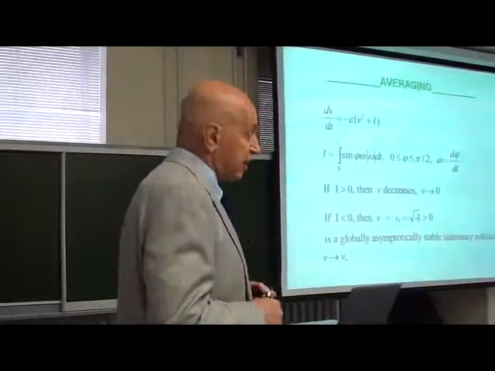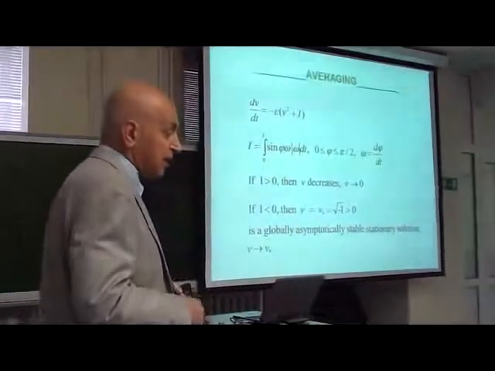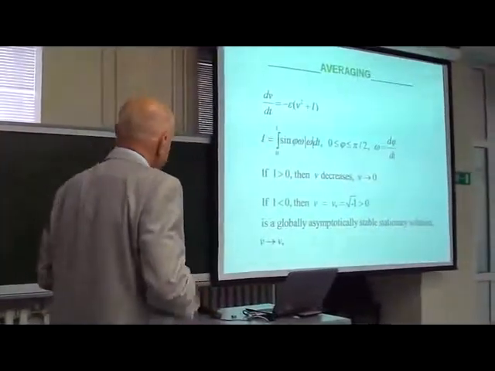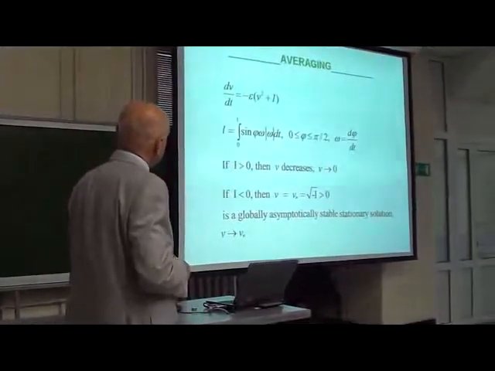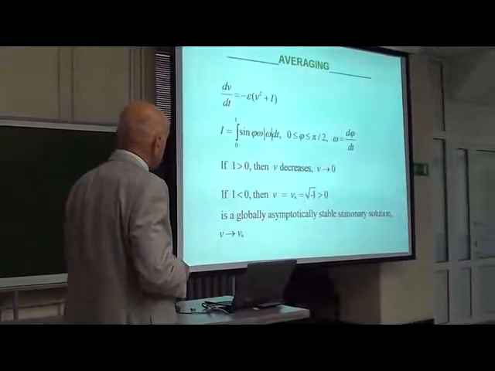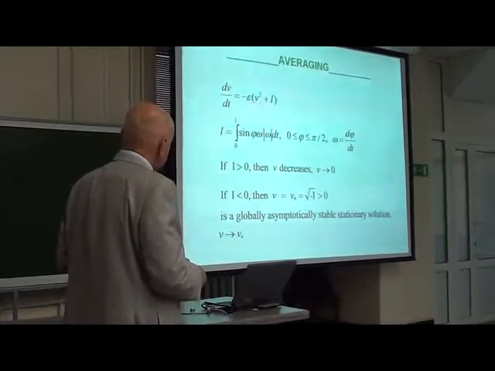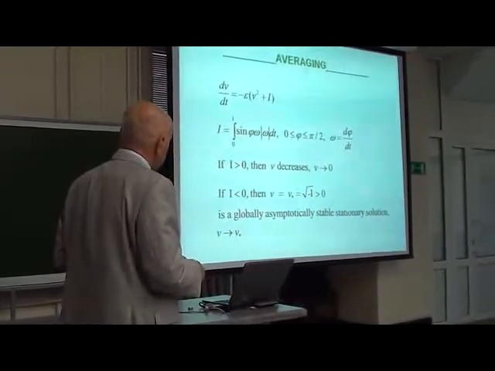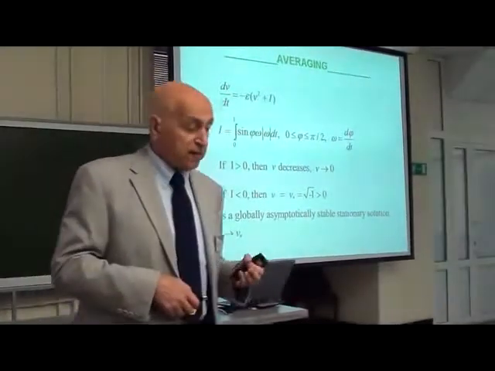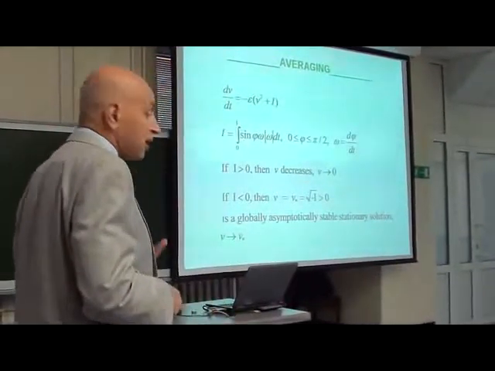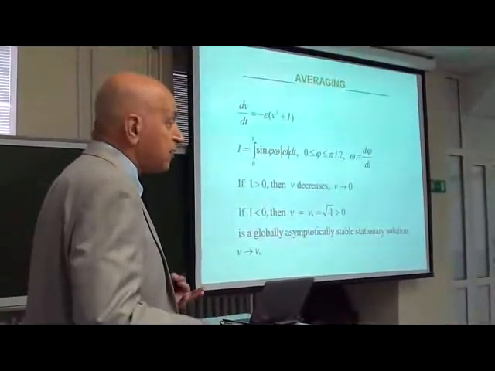It is not an interesting case, of course, where the resistance is higher than all propulsion that can be created. A more interesting case is when capital I is negative, and then this equation has a stationary solution, which is globally asymptotically stable, of course, in this case, and equal to the square root of minus I. And in this case, the velocity tends to this V star. So we will calculate the V star and try to optimize it, to maximize the velocity of the motion.